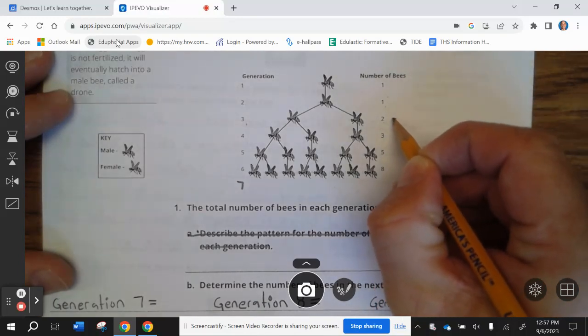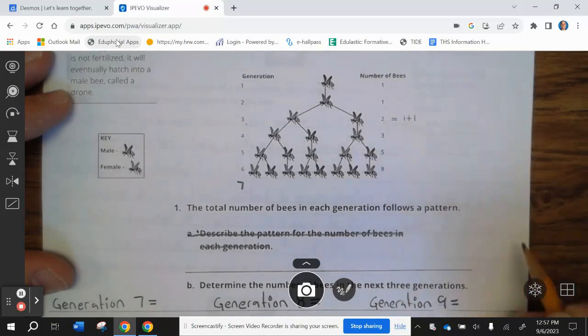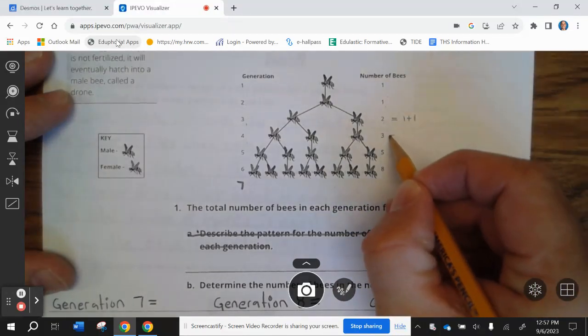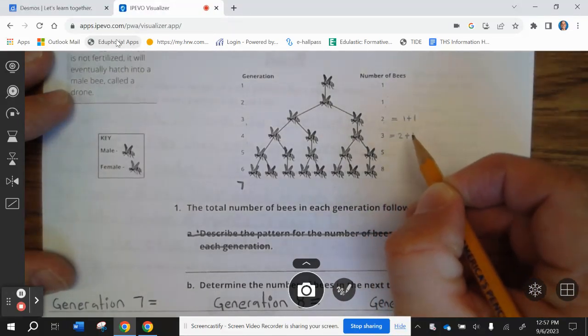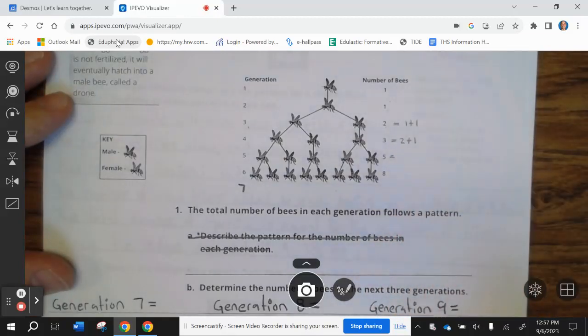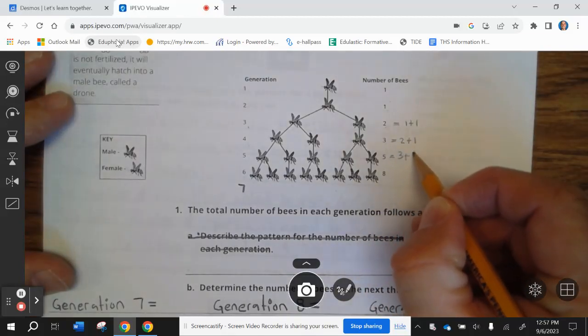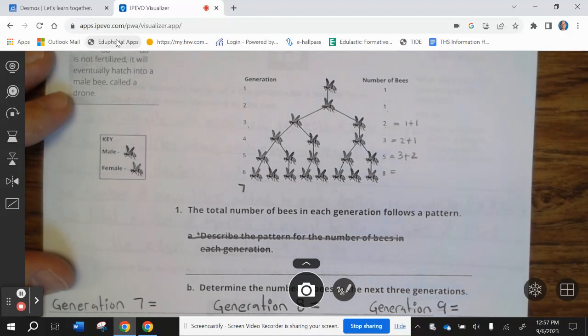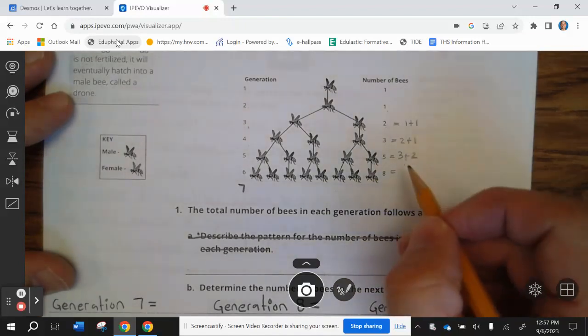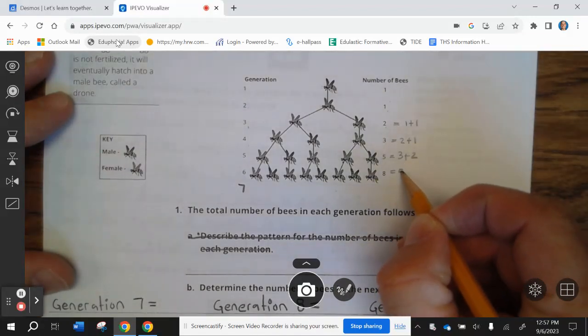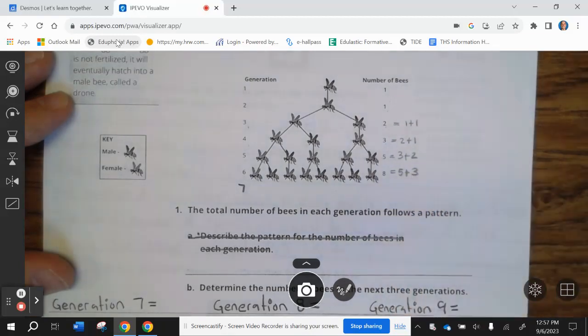To get 2, that was 1 plus 1. To get 3, that's 2 plus 1. To get 5, that's 3 plus 2. To get 8, that's 5 plus 3.